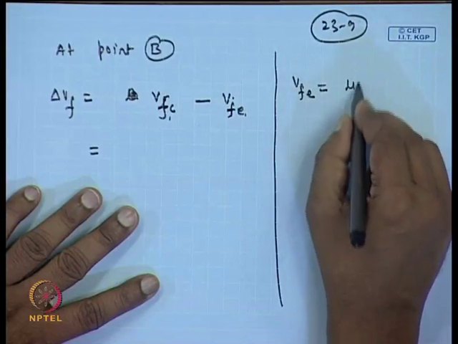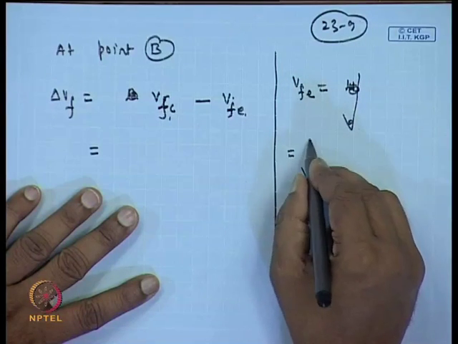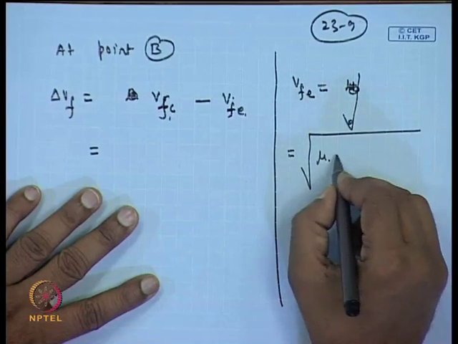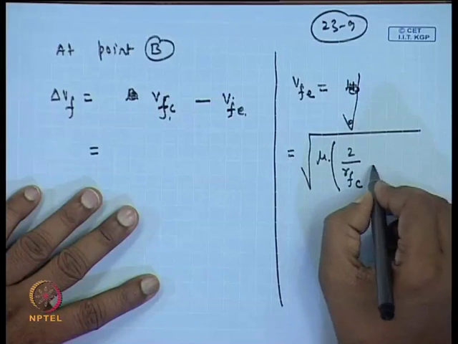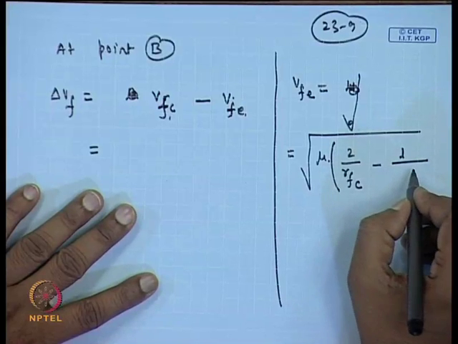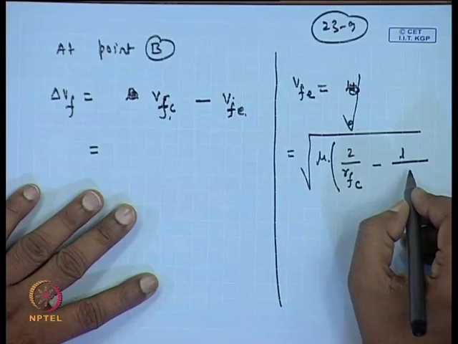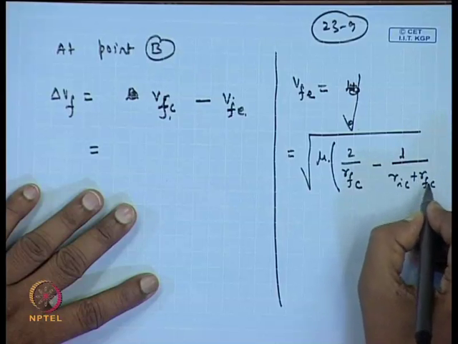the square root of mu times 2 by R f c minus 1 by A, and A is nothing but R I c plus R f c divided by 2.